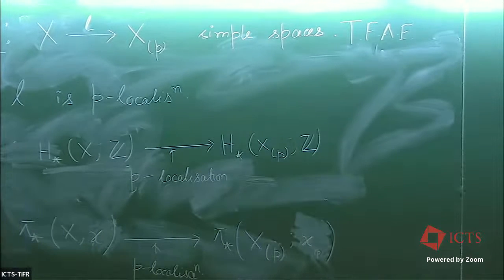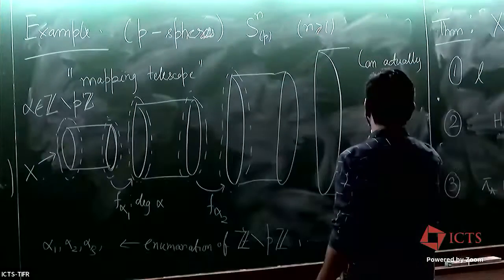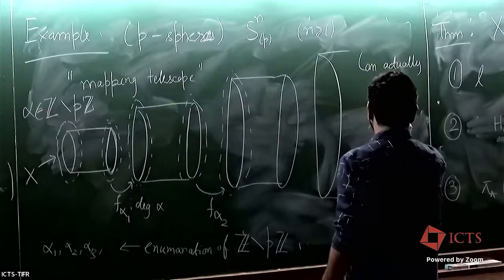So using these P local spheres, we can actually P localize simply connected CW complexes.